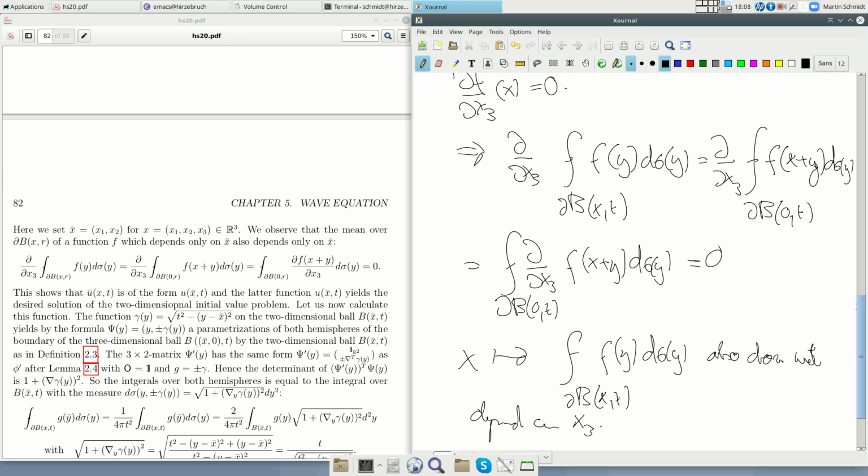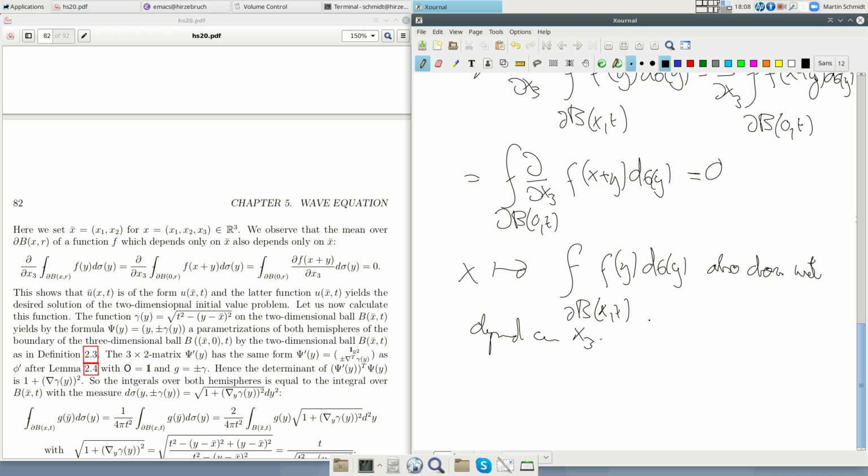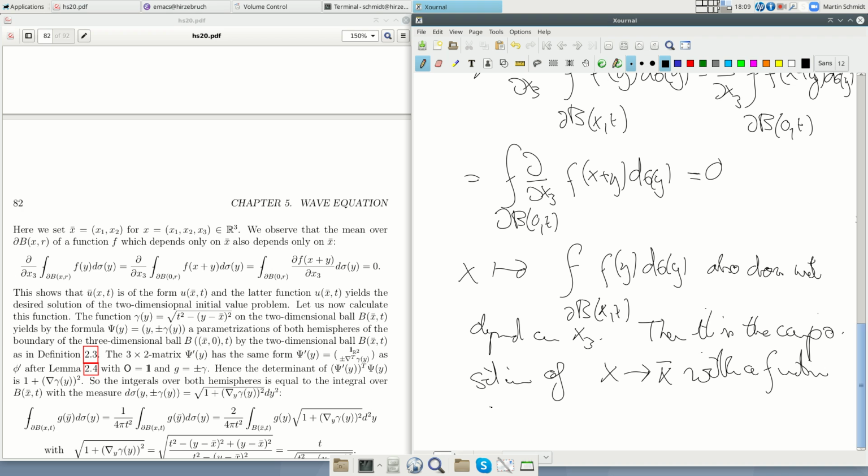But this means if a function doesn't depend on x3, then it is the composition of x going over to x bar with a function on R2.